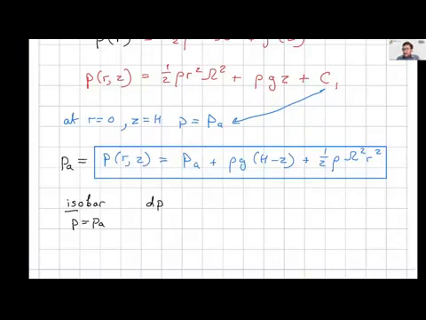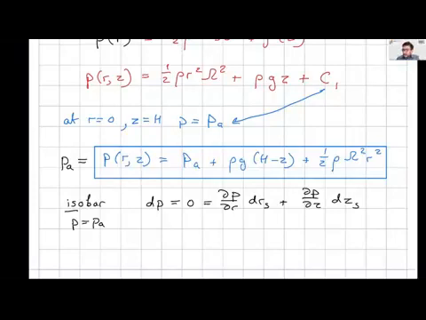I have to solve this. And you can see that if this is true, this will cancel with this, and this gives me a relationship between these expressions right here. And so along an isobar, dP is equal to 0, which would be given by dP/dr times dr plus dP/dz, which are variations in z, multiplied by steps along here.